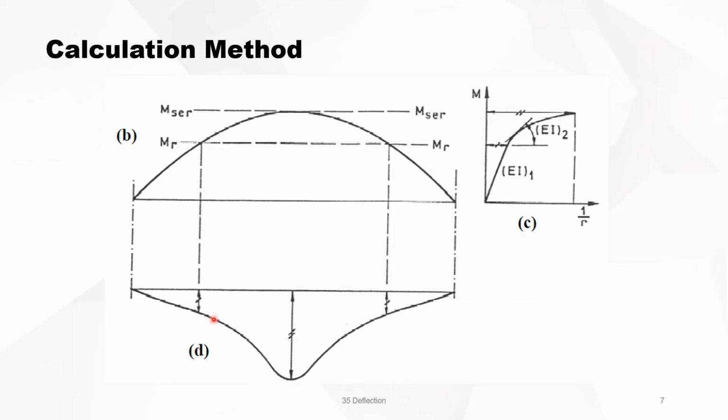This is because the section is more and more cracked. If you make a plot of bending moment with curvature, you can see clearly that there are two different slopes, one with the uncracked section and one with the cracked section. So calculating the maximum sag of this beam is in fact a combination of non-cracked, partially cracked, and totally cracked.